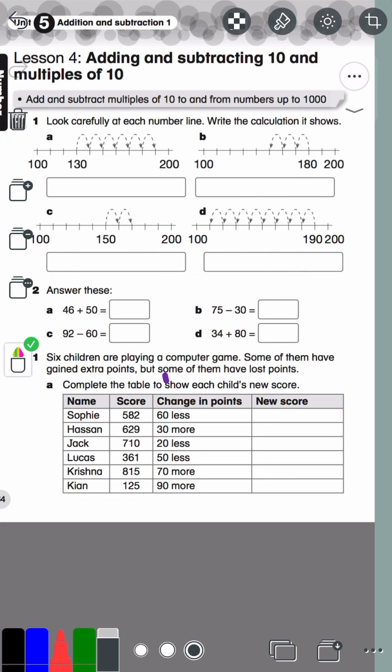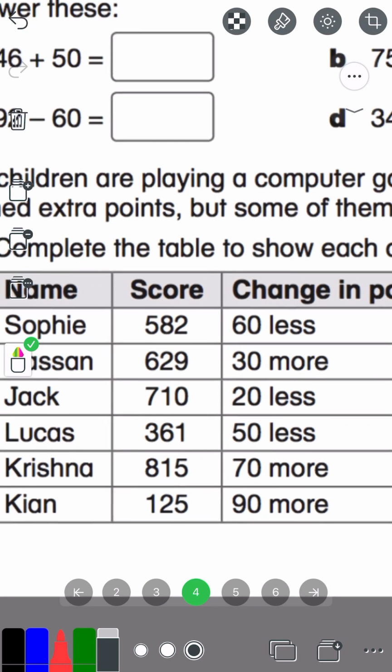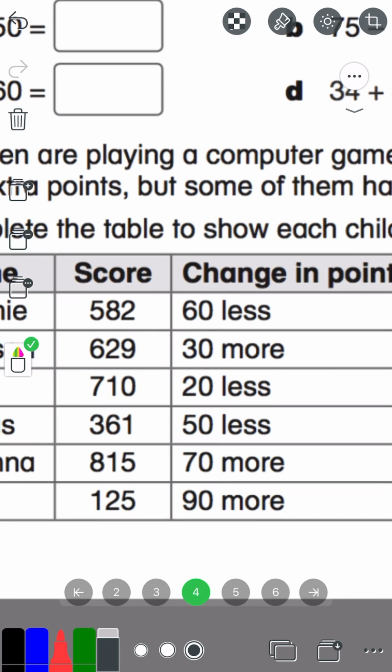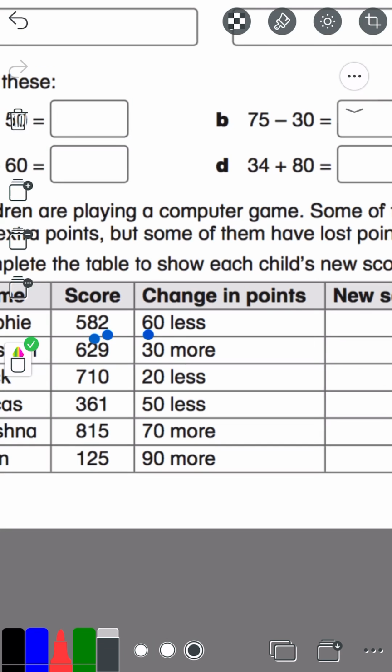What about if we have a number like this, 582, and here we have the change is 60 less. 60 less means we are subtracting 60 from this number. So look, 2 minus 0 equals 2. 8 minus 6 equals 2. 5 minus nothing equals 5.